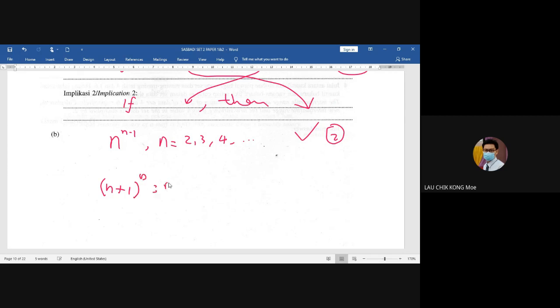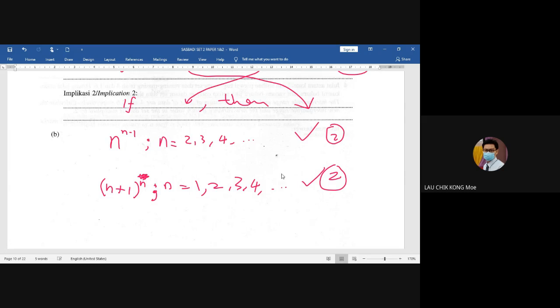But this n starts from 1: 1, 2, 3, ... Okay, 2 marks also. Sorry, this was written a bit badly. n power of n, comma.